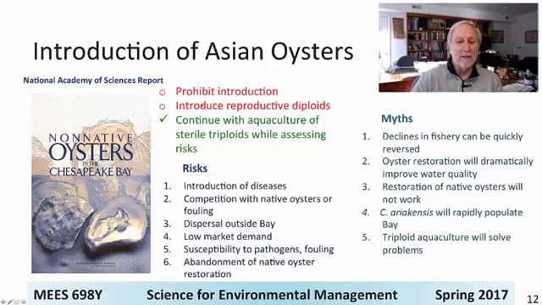And so what this committee recommended is not to introduce reproductive diploid animals, but to continue with aquaculture of sterile triploids while assessing the risk. And you can see the risks that are outlined here, as well as this committee did a very good job of putting some myths to rest. The myths are showing on the right side of the screen.